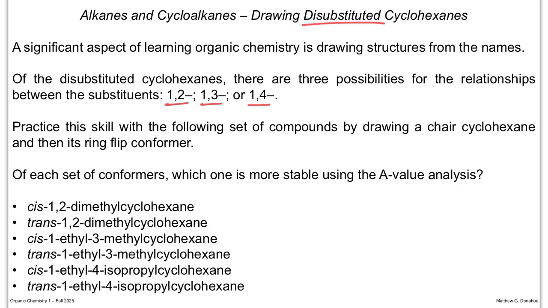So there's that position. It can't be 1,1... you can have 1,1, I suppose that would be another case. And then you'd have to look at the size of each to determine which one is going to be equatorial versus axial.